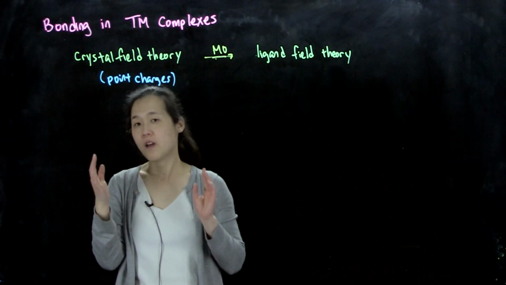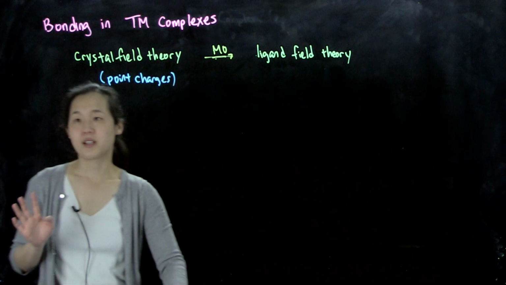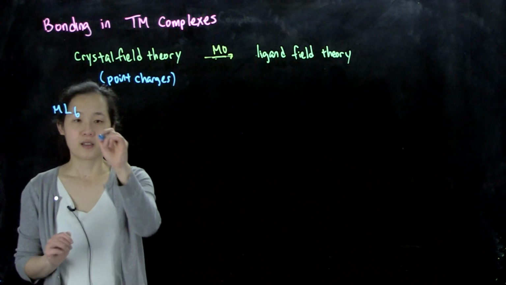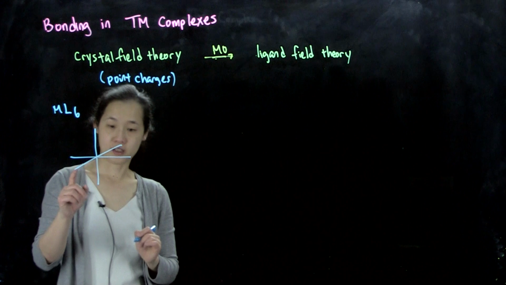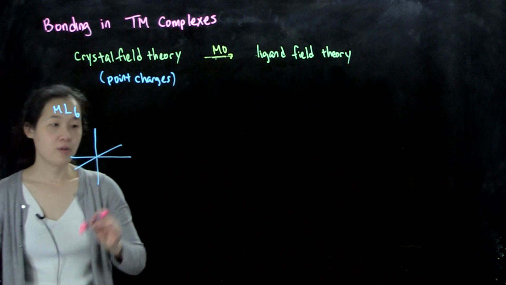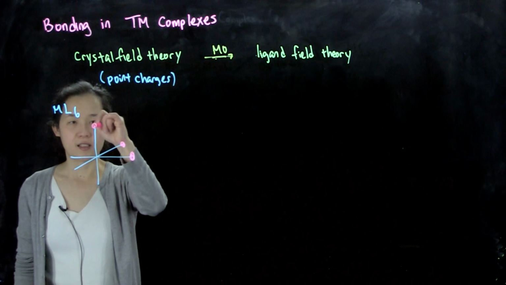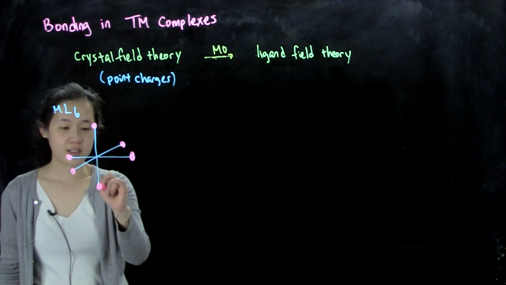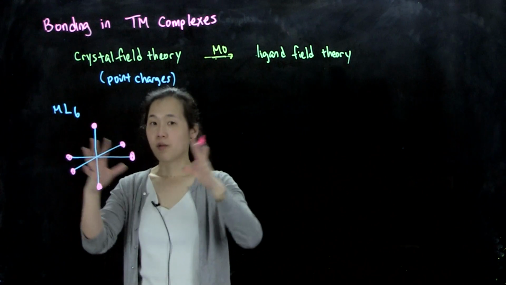So the idea is, if you have point charges, suppose you have an octahedral complex, ML6. My ligands are all coming down these positions. So I have my point charges all in these directions. These are my supposedly negatively charged ligands, and they're approaching the metal.